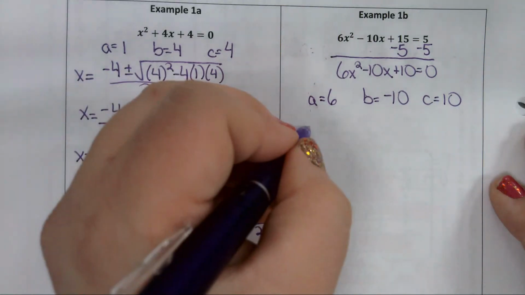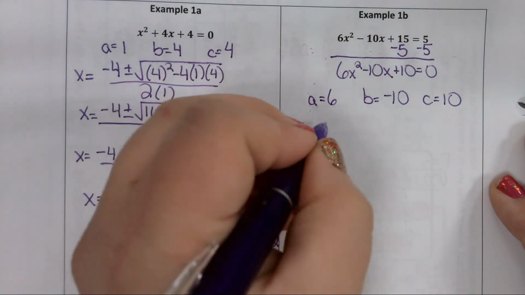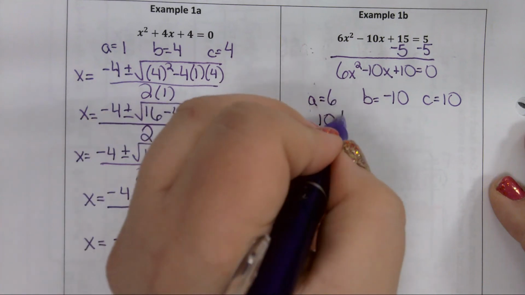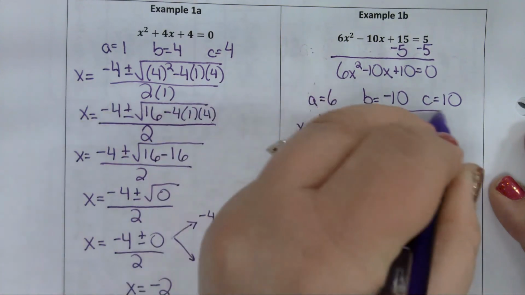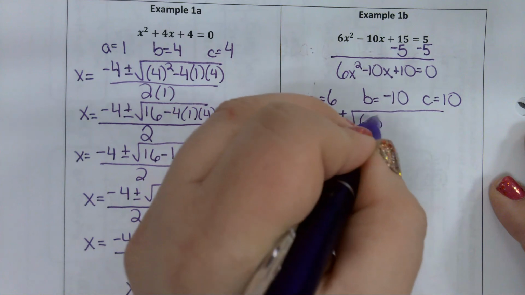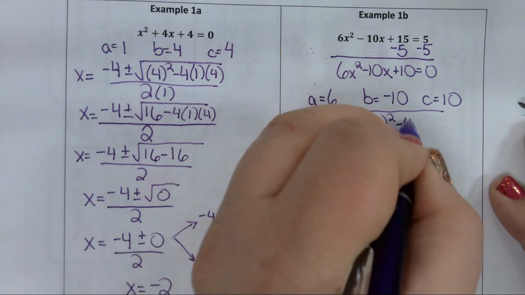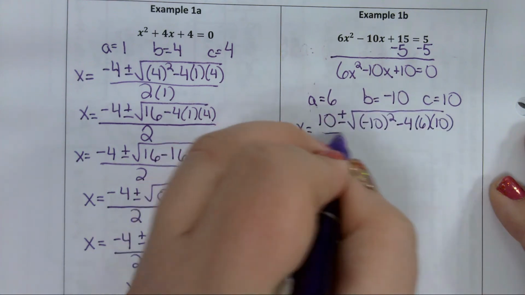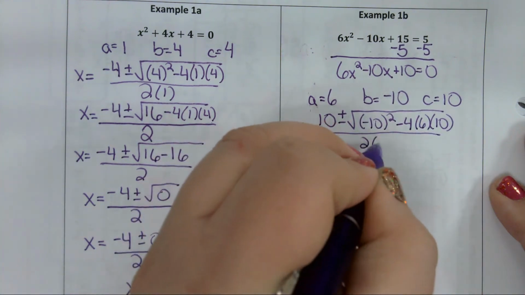So X equals negative B, that means it's a positive 10, plus or minus the square root of B squared minus 4AC, all over 2A.